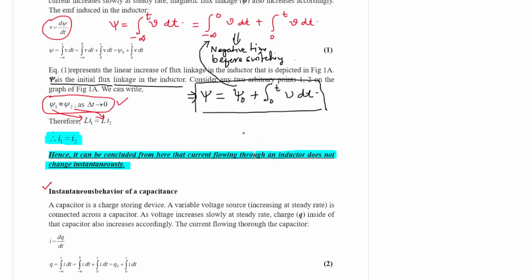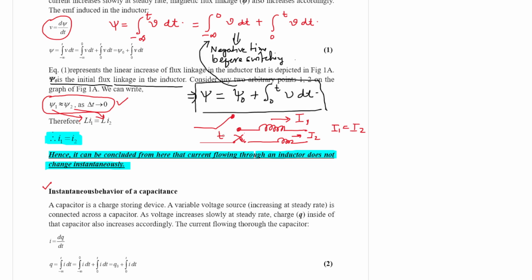That means if there is an inductor and we have a switch, and some current I1 is flowing, then the current just after the switching, I2, is the same.